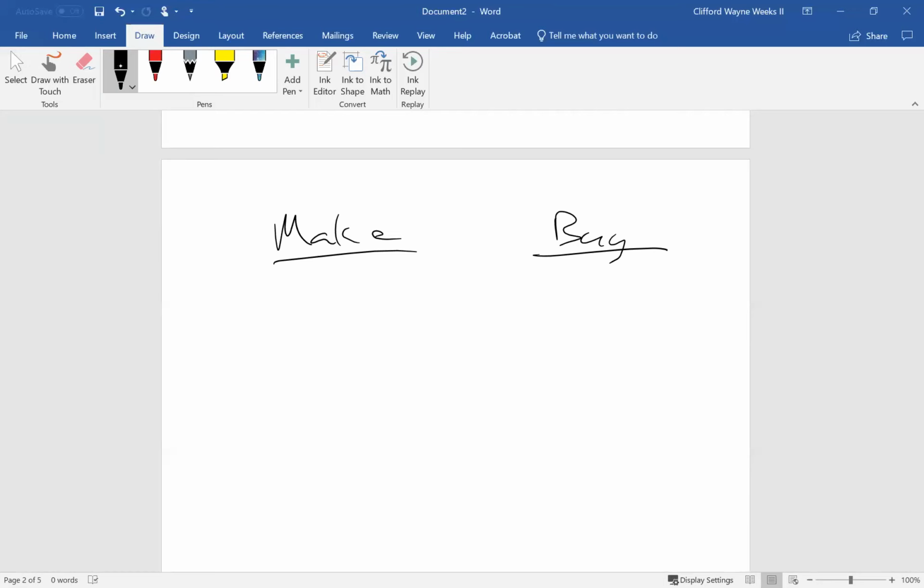So if we make this, and this is just looking at cost, it's going to cost us $230 per unit, including fixed costs of $47 per unit.